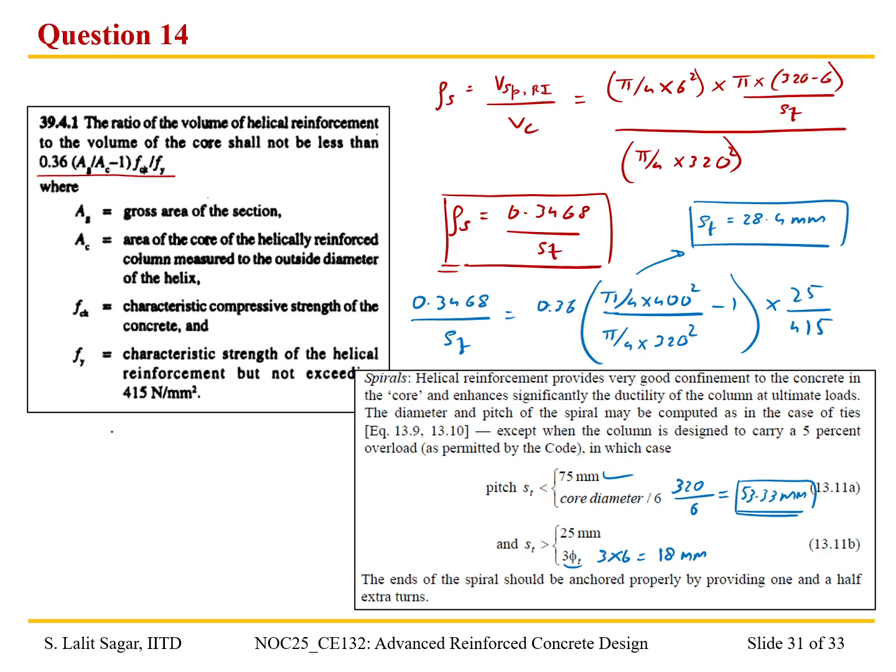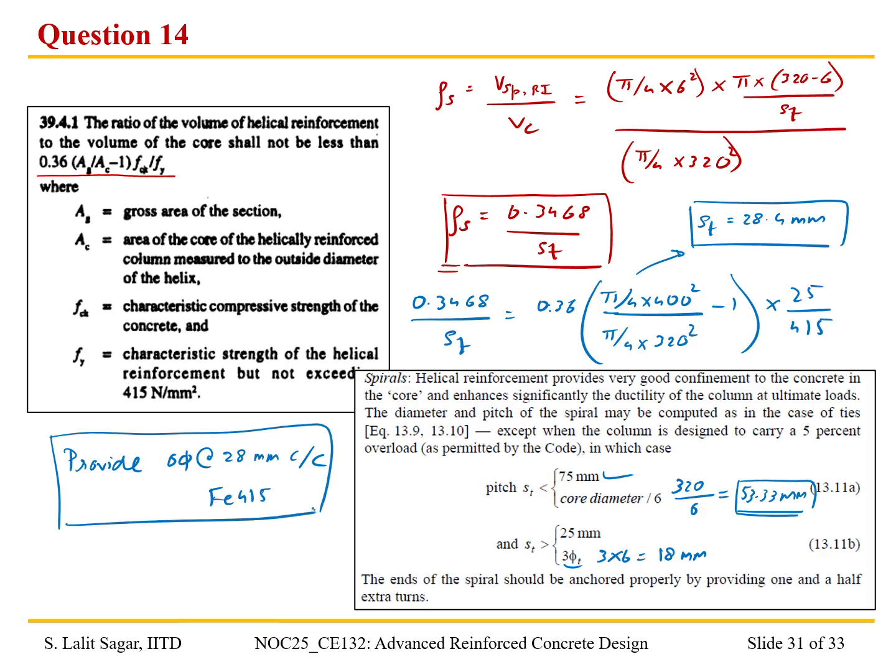So we can easily proceed to say that we can provide lateral ties or the helical ties of 6 millimeter diameter at a spacing of 28 millimeter center to center of Fe415.